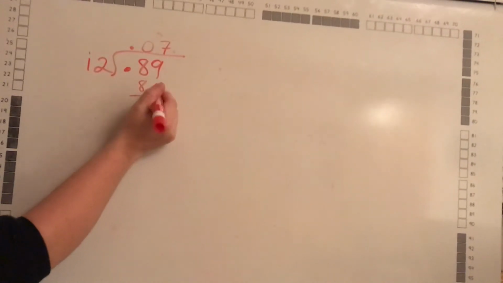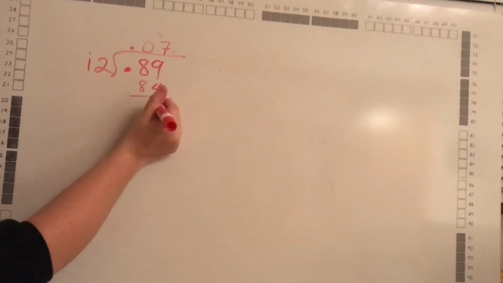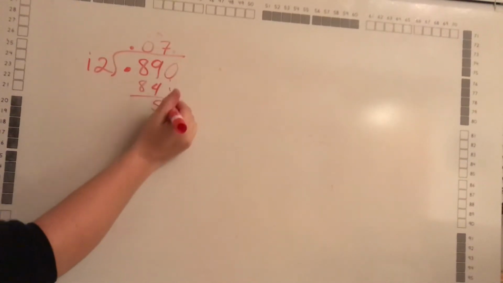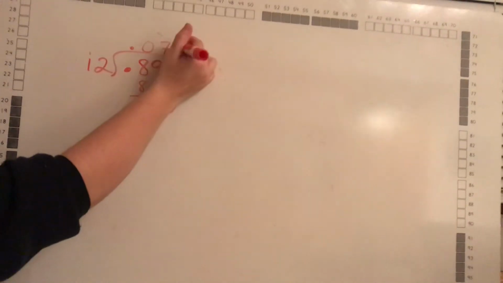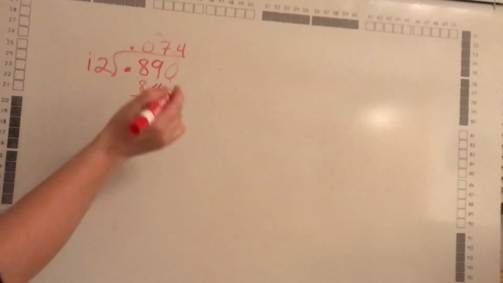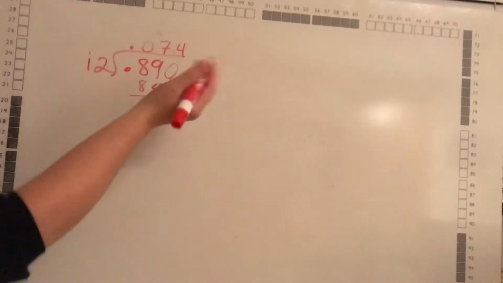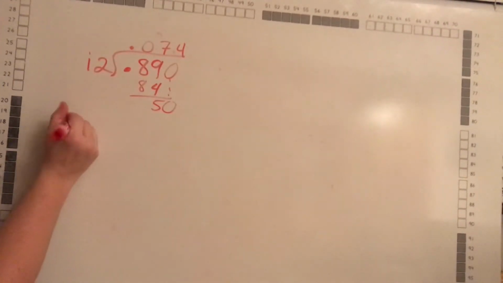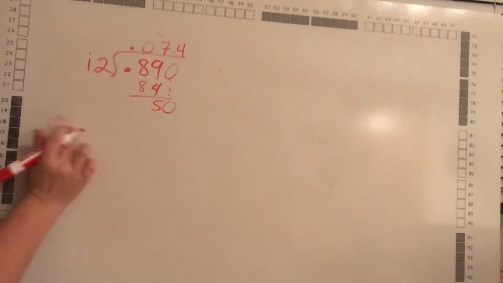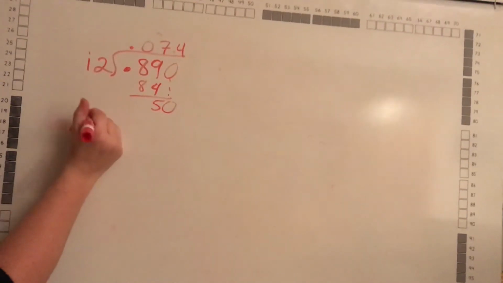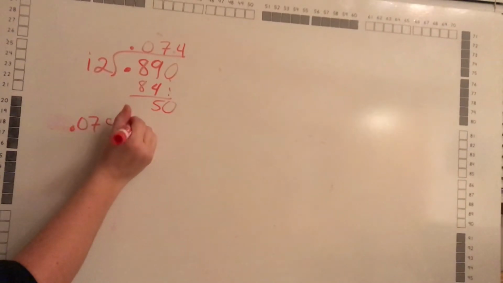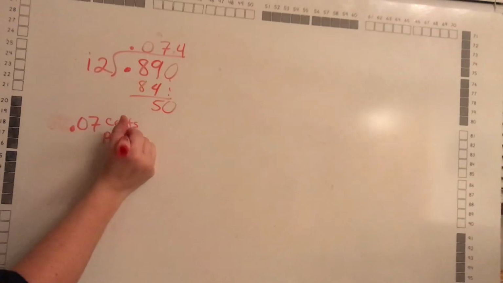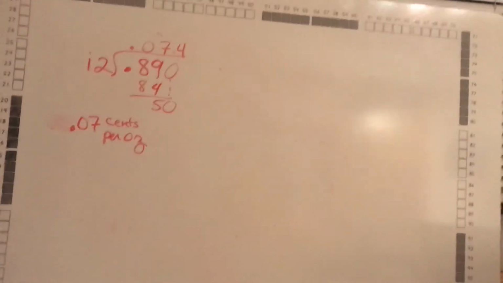Subtract from that. It's 5, 0. So it's going to be 4. This is money we're talking about, so we have to round. So it's going to be 0.07 cents per ounce. Okay, that's for the 12 ounce.